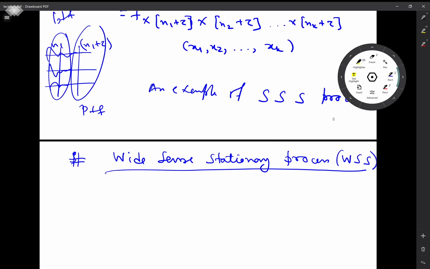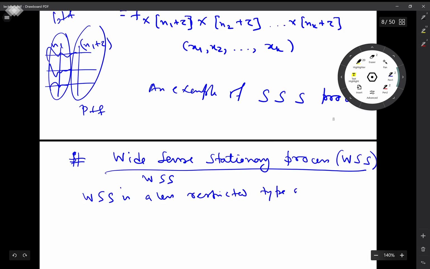SSS is the more restricted type of stationarity, and this is WSS, as we call it. So WSS is a less restricted type of stationarity.